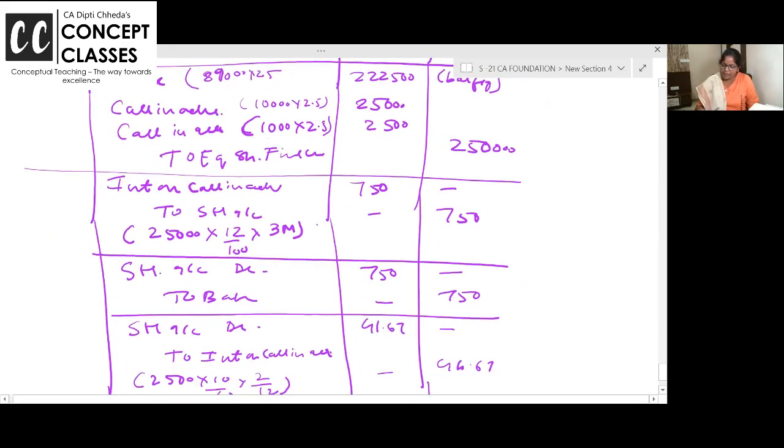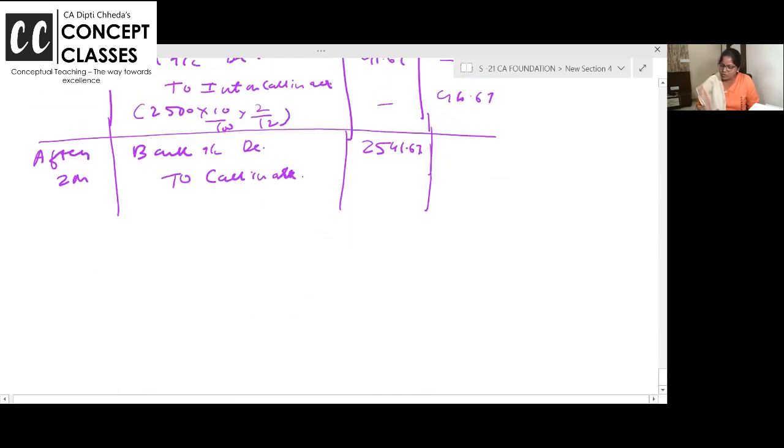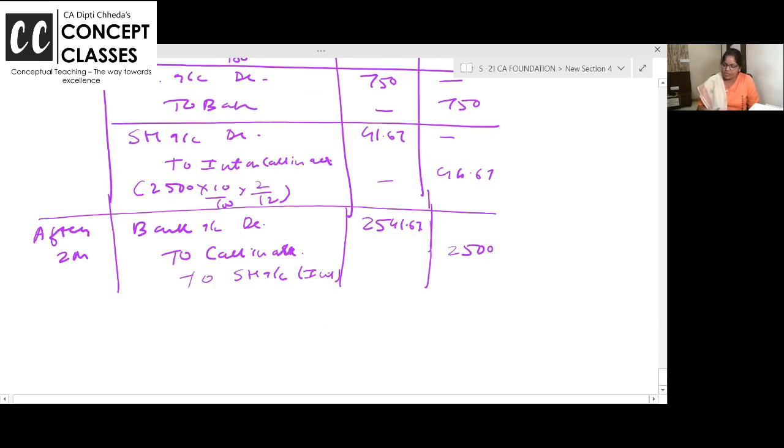The 2,500 you had put in call in arrears, and in the shareholders account, the interest that you had kept in brackets: shareholders debit to interest. Call both of these, both you call by check.